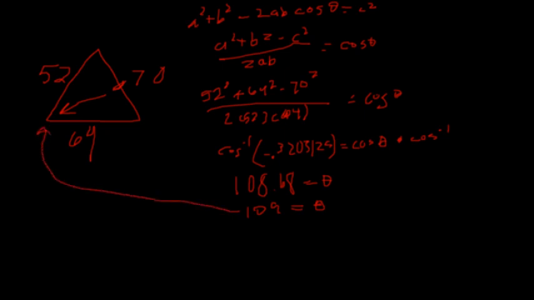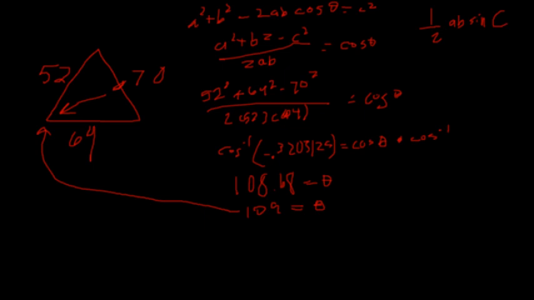Right? That's good. Now that we know this, we have to find area. So let's find the area. There are many ways to find area. You could do half ab sine of angle C. You could do that, right?